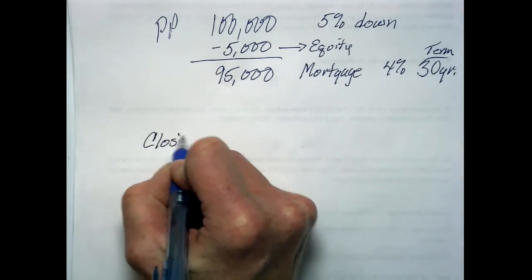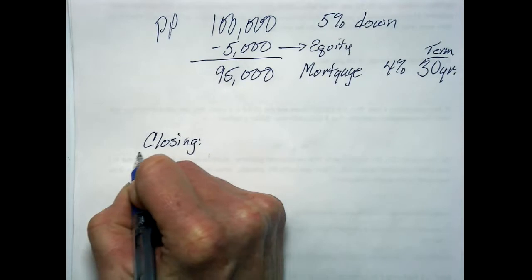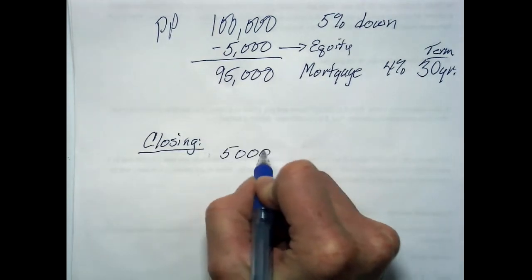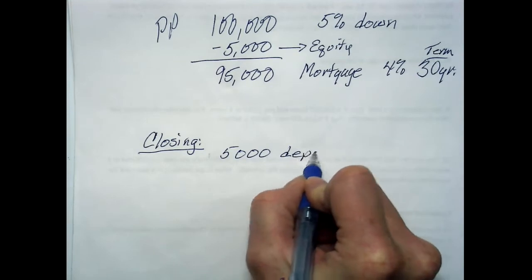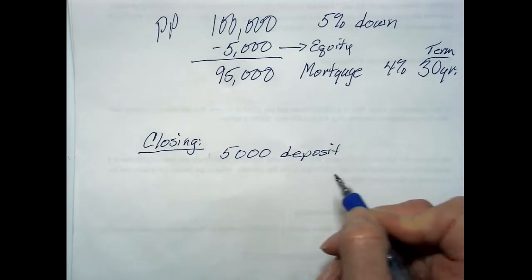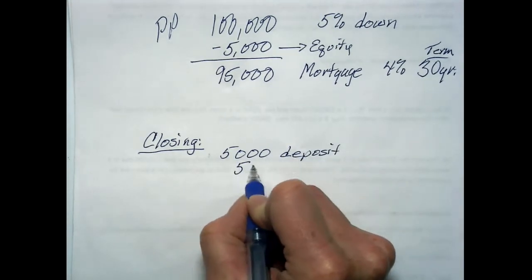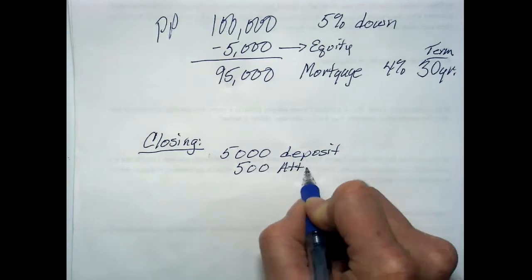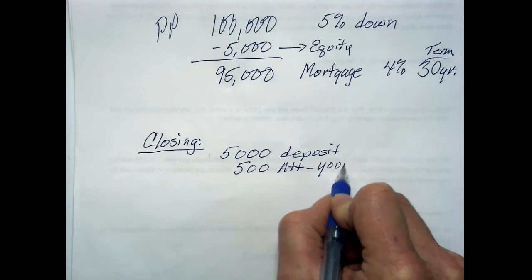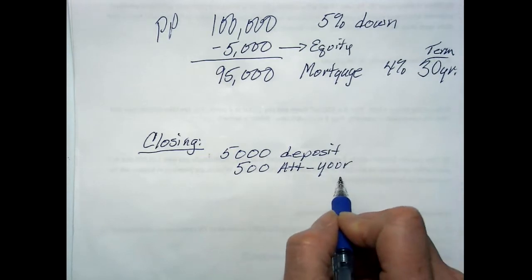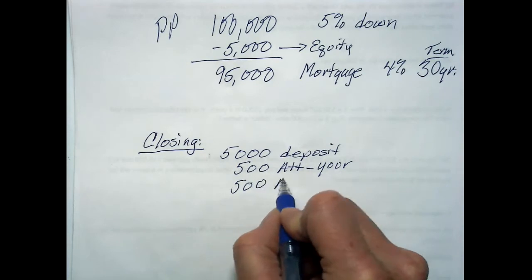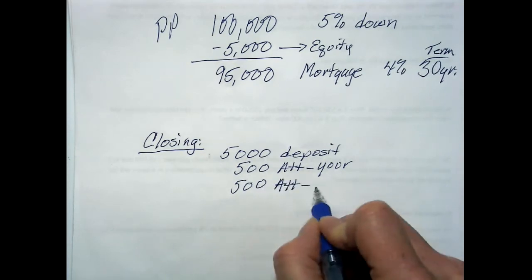That day you buy it, you need that $5,000 deposit. You have to pay your bank attorney, your attorney, and you want your own attorney to represent your interest. The bank is going to make you pay their attorney.